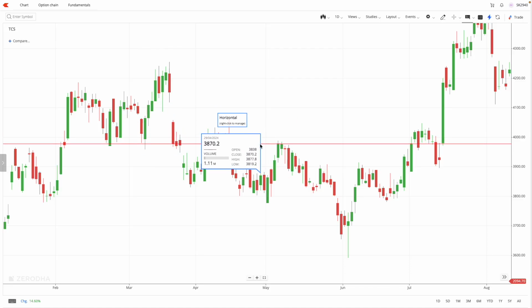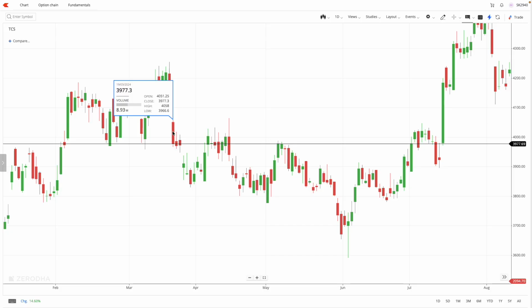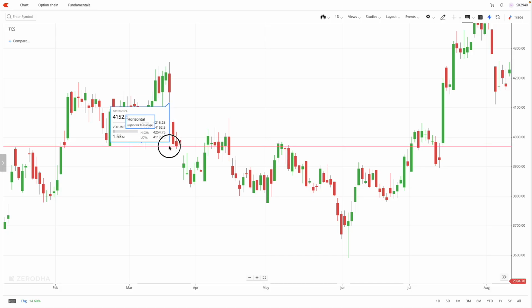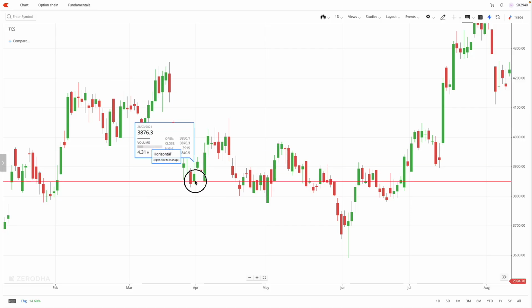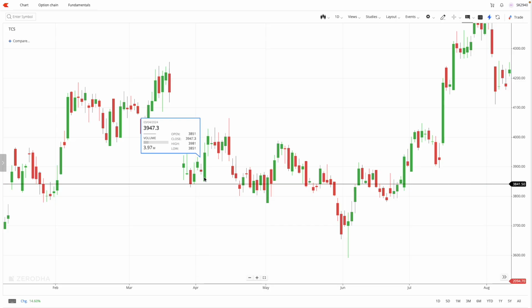That's 3977. Again, you find a lower low, you move it. As long as you're finding lower lows, you need to come down and catch the stock from there. So you go on, you find another low. Has it bounced 20%? I don't think so. So you don't need to worry for the moment.